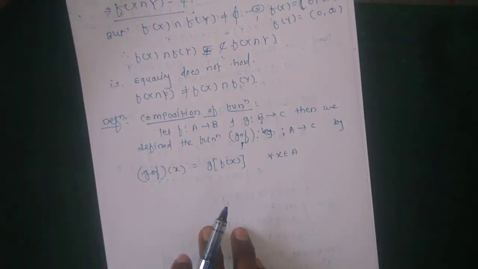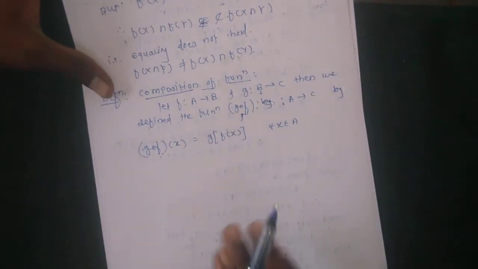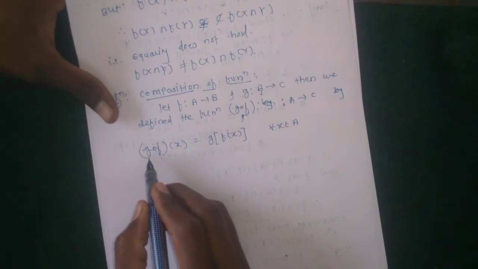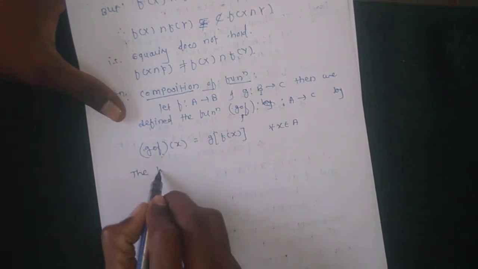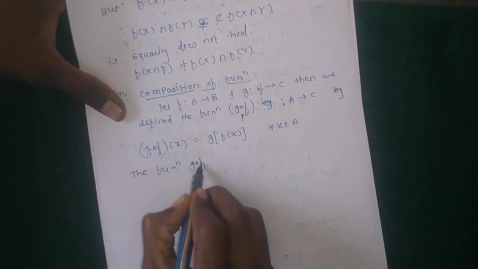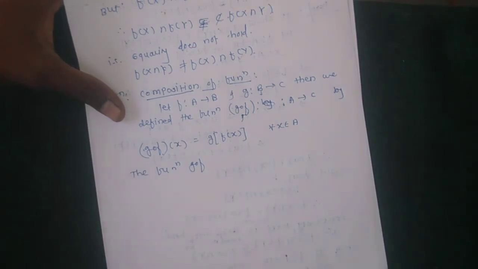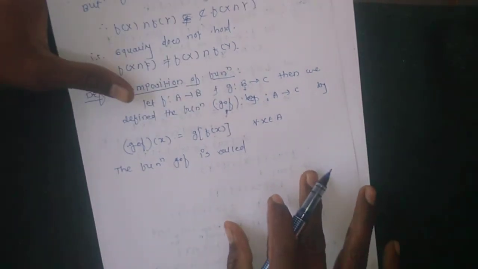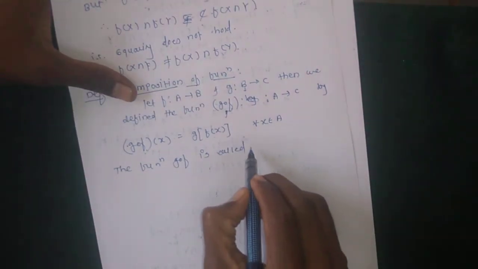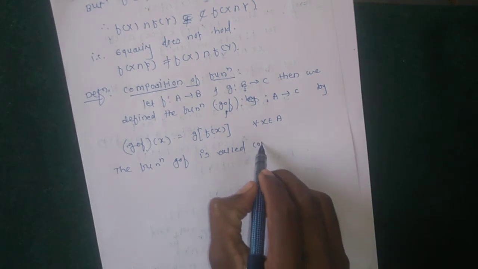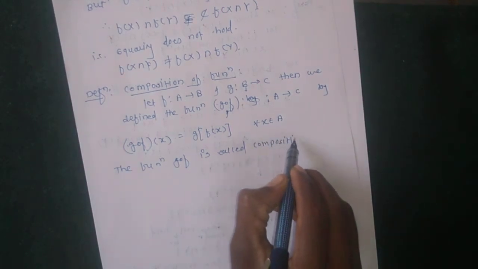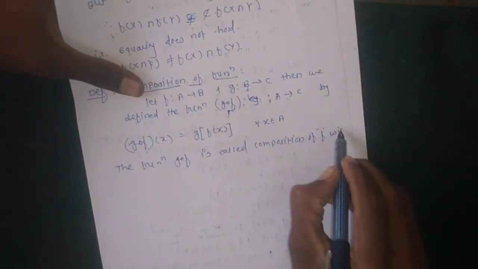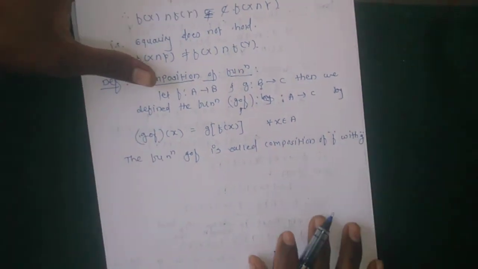Okay, so this is the definition of the theorem. Then the function g composition f is called the composition of f with g.